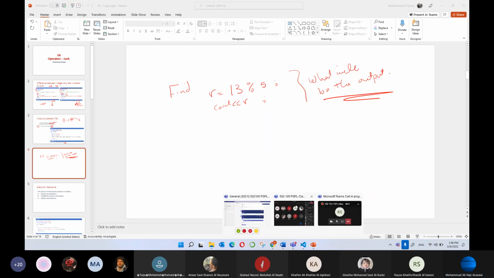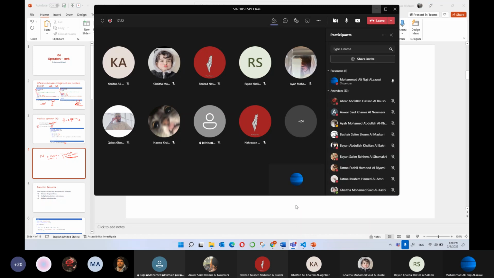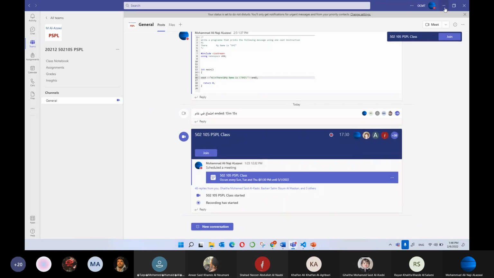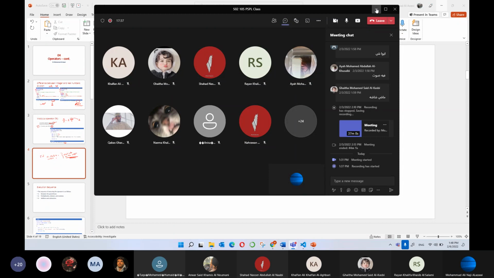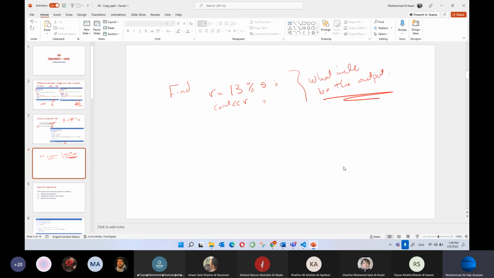Anybody? You can do it on paper. Find R equals 13 mod 5, cout R. What will be the output of this code? Nobody?